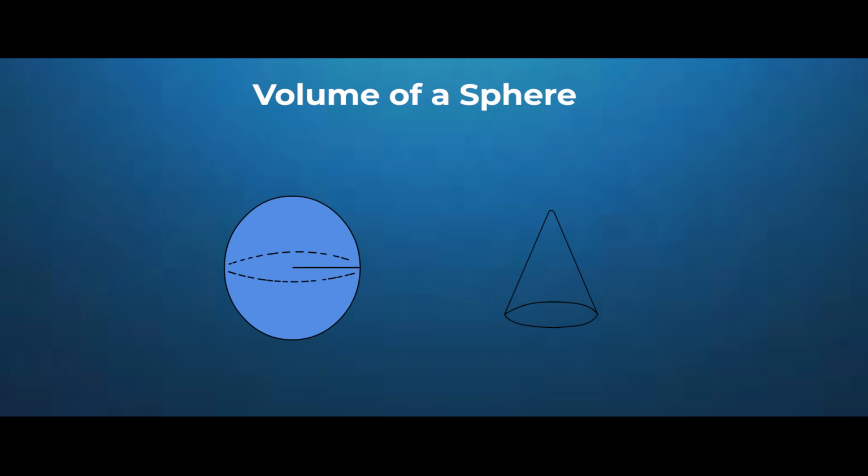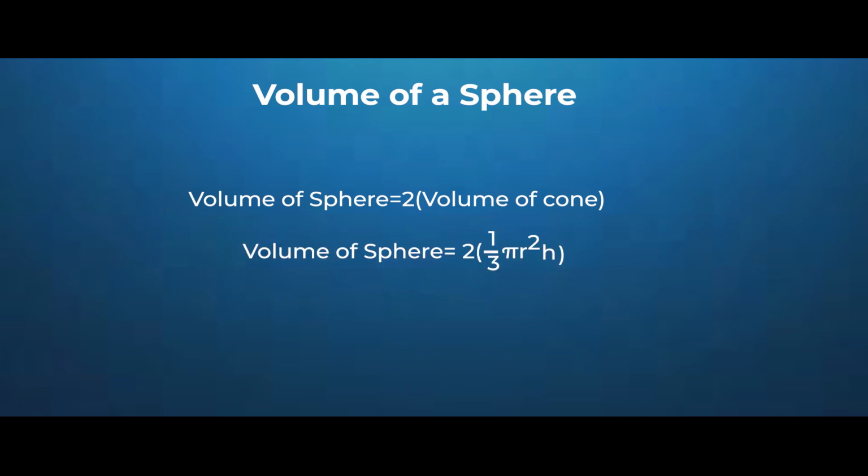So what conclusion can we draw from this experiment? We can conclude that the volume of a sphere is twice the volume of a cone. Or in other words, we can understand it as the volume of a sphere equals twice 1/3 of pi r square h.